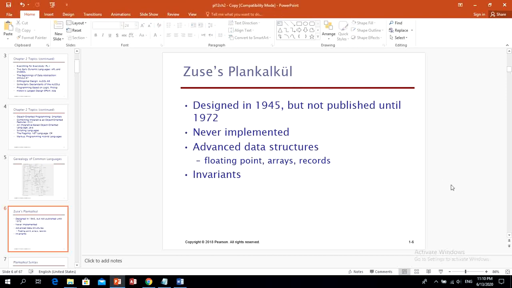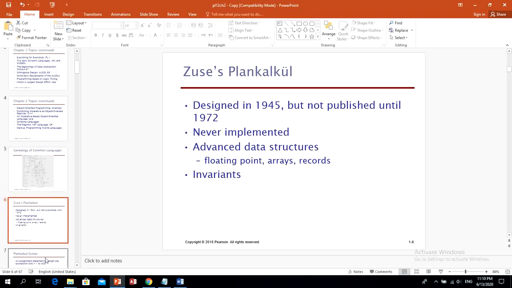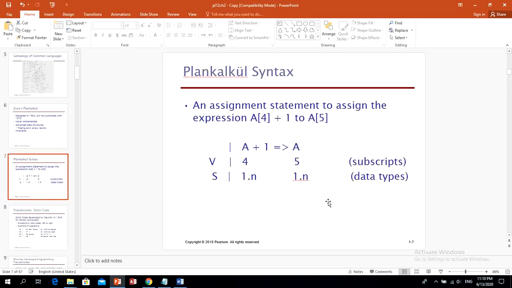but the reason why they are listing it as one of the very first and important programming languages is because some other languages have been designed by taking some features from this language, because it has advanced structures, by the way: floating point, variables, arrays, records, and so on. So this language's syntax is very complicated.